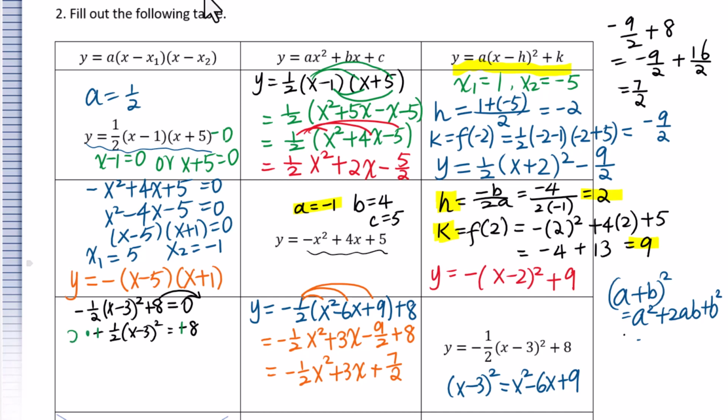Then we times 2. We will get (x minus 3) squared equals 16. Take the square root of both sides. x minus 3 equals plus or minus the square root of 16, which is 4.